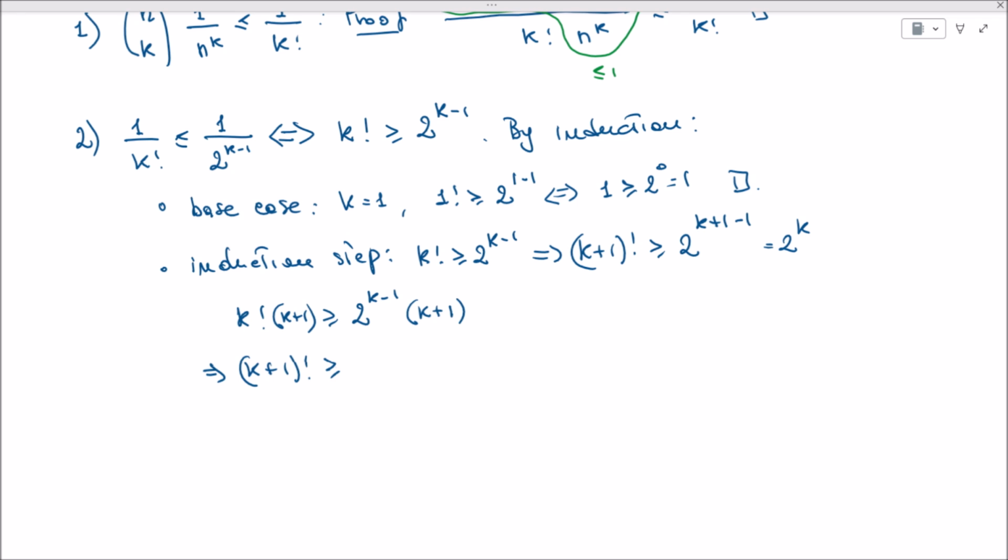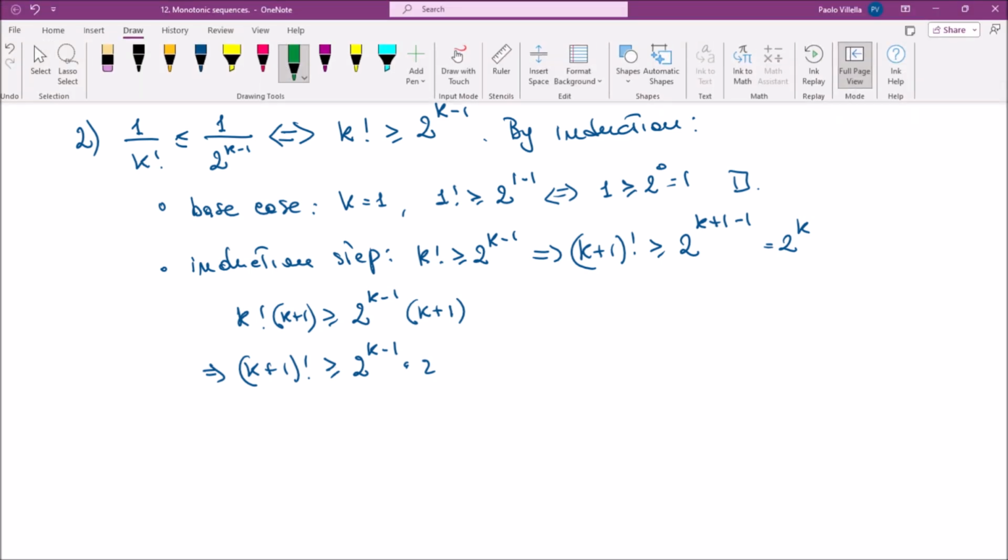On the right hand side we can say that this is larger than or equal to 2 to the k minus 1. Well, instead of having k plus 1, we can just replace this with 2. And why is that?